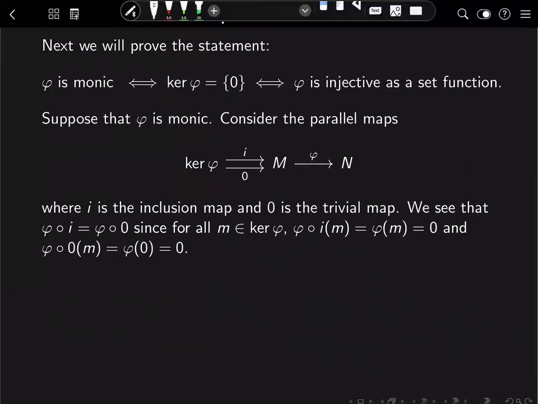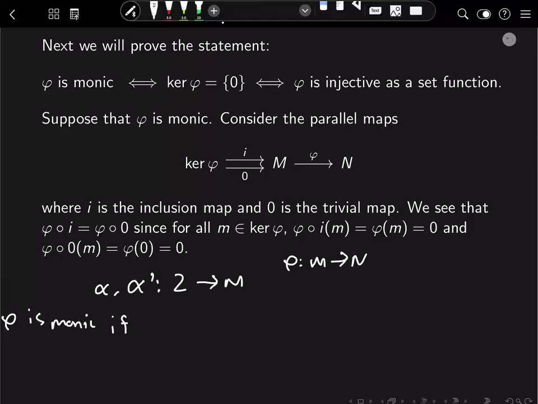If we remember, if we have two maps, alpha and alpha prime, that map Z onto M, and we have phi that's going to map M onto M, then phi is monic if phi composed with alpha is equal to phi composed with alpha prime implies that alpha is equal to alpha prime. So that's our monomorphism condition.